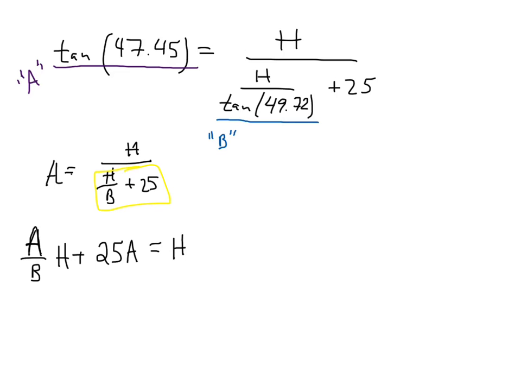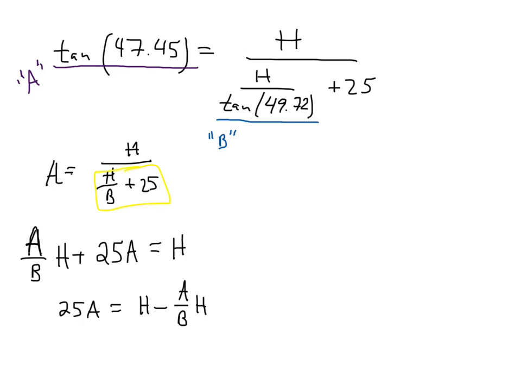I'm going to subtract A over B times h from both sides, so that gives me 25A equals h minus A over B times h.